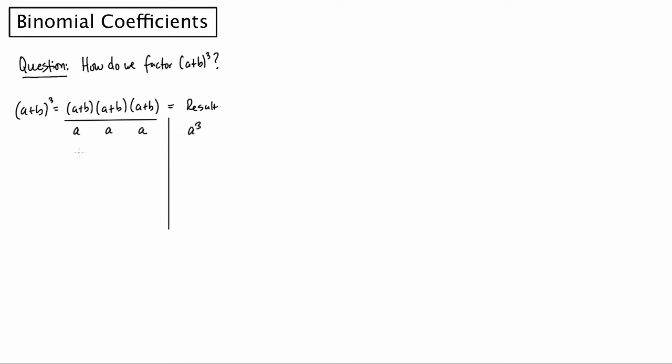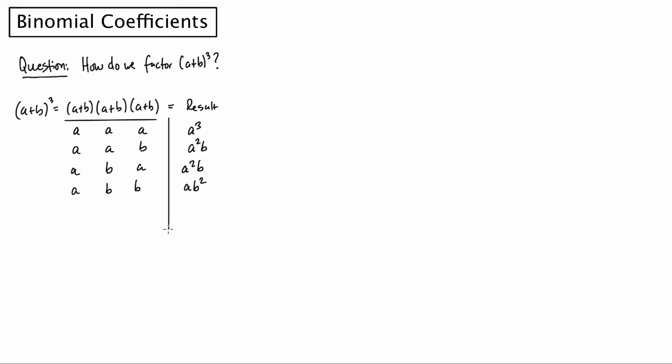What if I then chose a, a, b? The result would be a squared b. If I chose a, b, a, the result would also be a squared b. What if I chose a, b, b? Then the result would be a b squared. And we would keep going until we've listed every possibility.